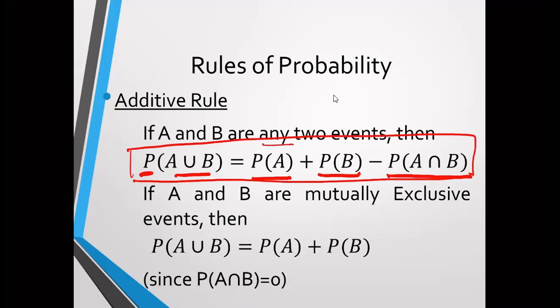Probability of A union B is equal to probability of A plus probability of B minus probability of A intersection B.